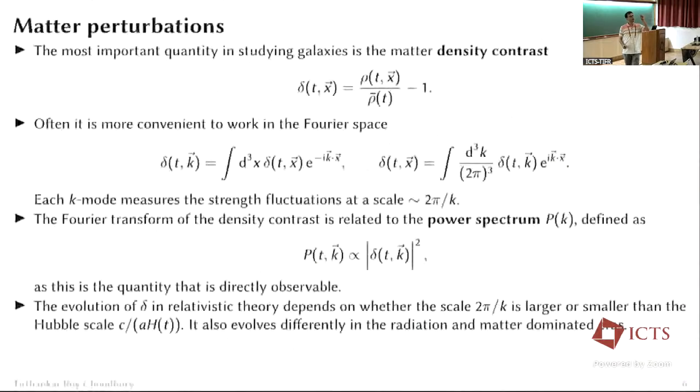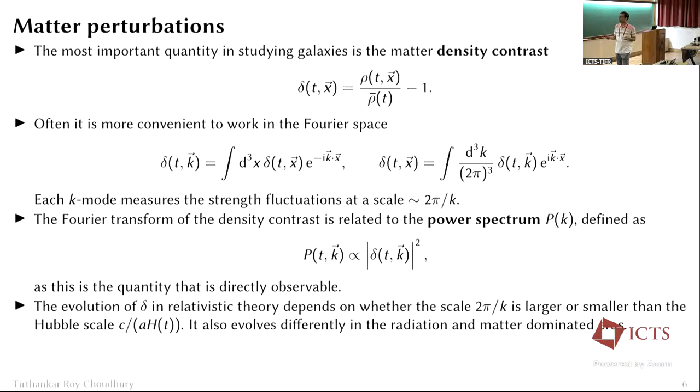So what you will do is you will go to your relativistic perturbation theory, solve all the equations. So we will have equations involving delta dot, delta double dot, which will be driven by, and there will be the velocity terms appearing. It will be driven by some potential. So all these complicated equations will tell you how this delta evolves for each k. And what the relativistic theory will tell you is that the evolution of delta is not the same for all the k.